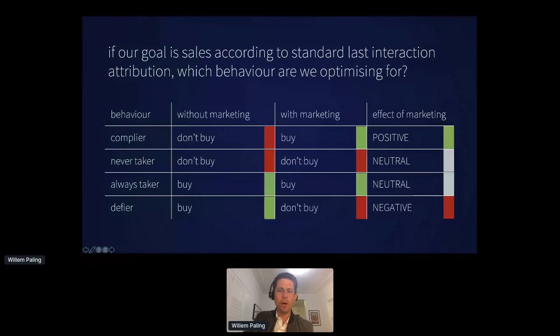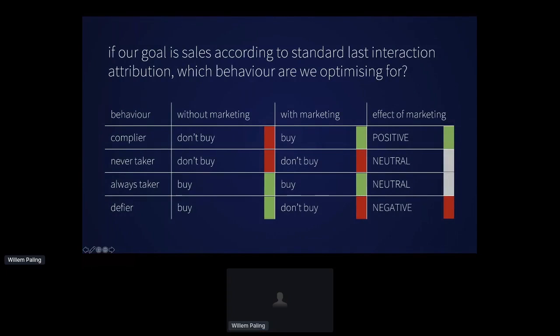We're actually optimizing for people who are going to buy our product, because we find how we can deliver ads to those people. We optimize for these always takers and these defiers, with no regard for distinguishing between them, and we don't optimize for compliers or never takers.